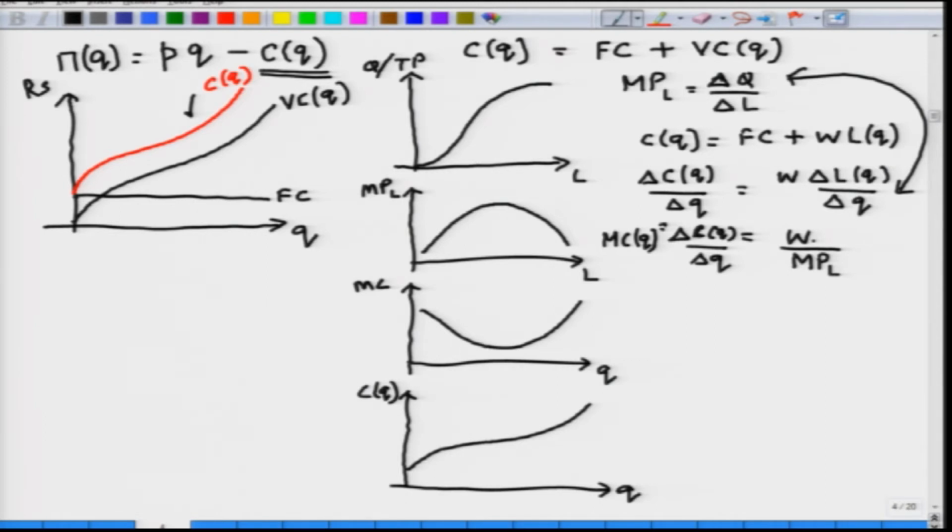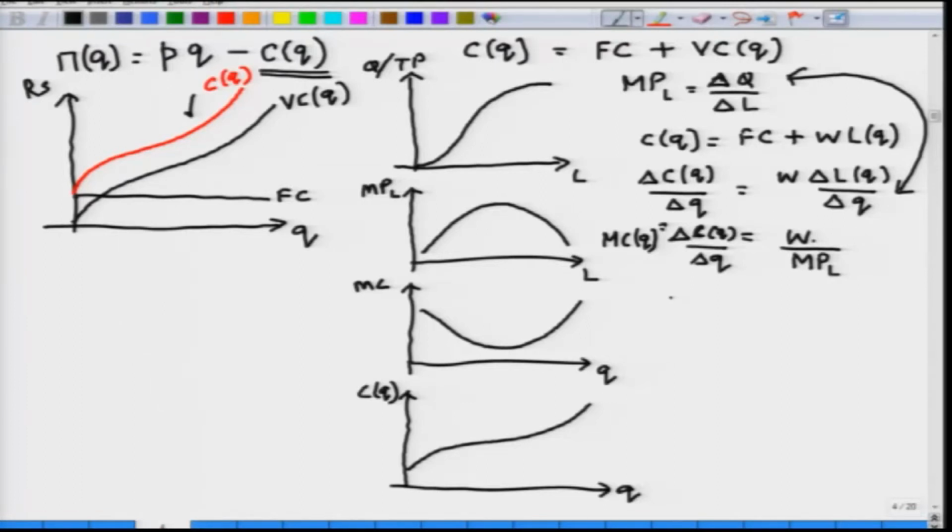Okay. Let us spend some more time and look at certain aspects of cost which are interesting. So, in particular we will look at 3 different curves, which is average cost, average variable cost and marginal cost. Okay.